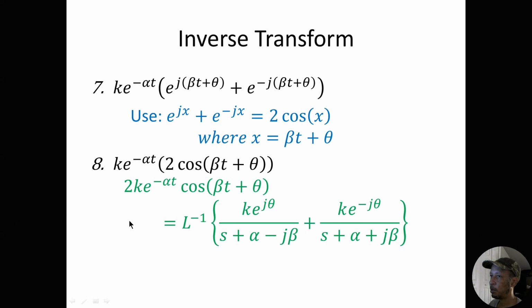So this is your final equation for a transform pair. This completes the scope of what I wanted to go over here. Anytime you see this expression and you need to inverse Laplace transform it, you can just use this expression here, and that is it.